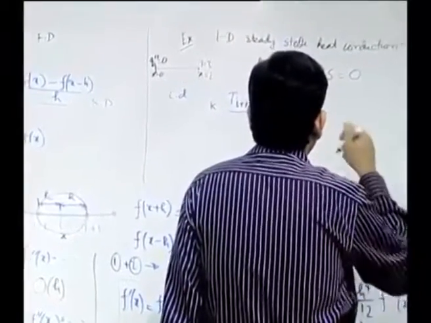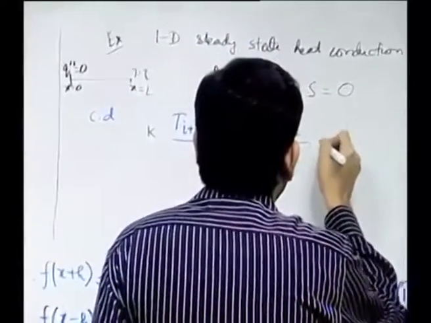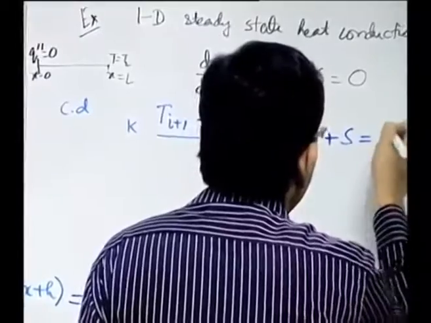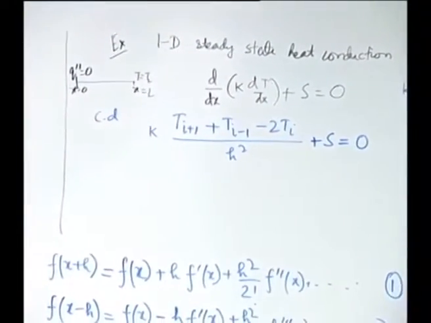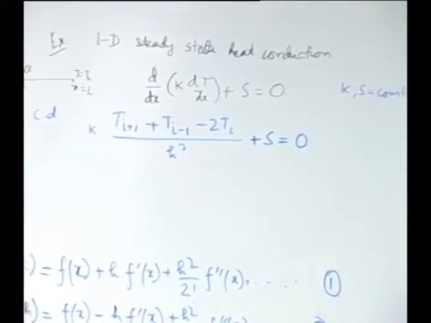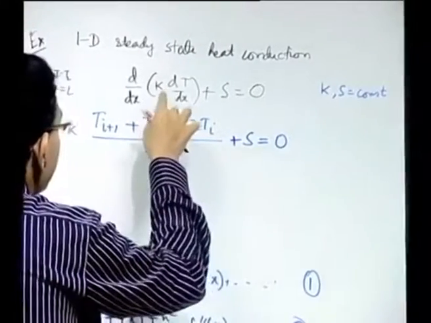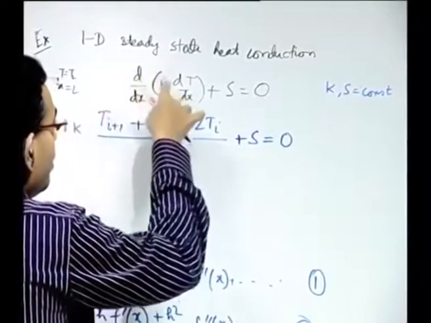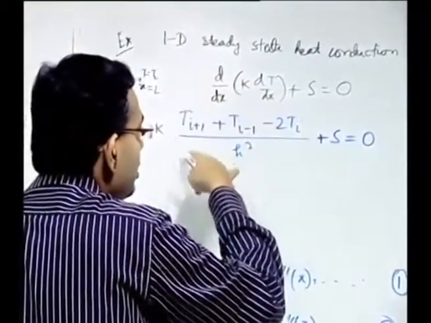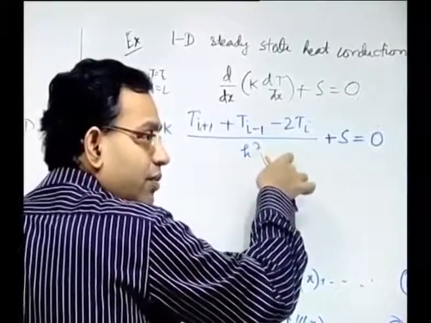Then, plus s equal to 0. So, what we have basically done is, since k is a constant, we have taken it out of the derivative. So, k d square T dx square, in place of d square T dx square we have written the difference expression.